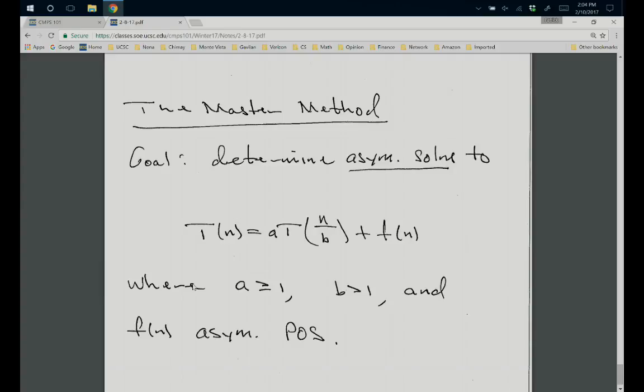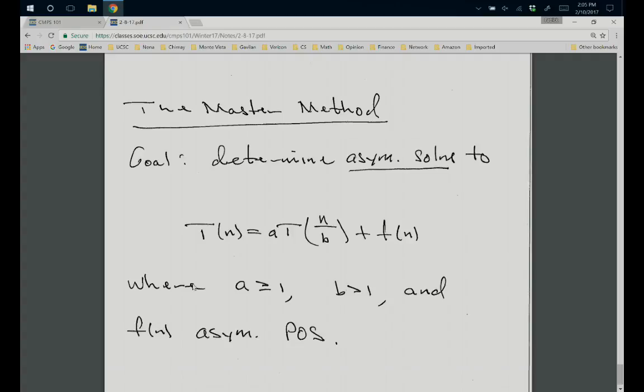That's not an accident. Does that mean the regularity condition will always be satisfied? Can we just forget about it now? The problem is, I can only say that it'll always be satisfied if f of n is a polynomial. If f of n is not a polynomial, it's a trickier matter, and it need not be satisfied.